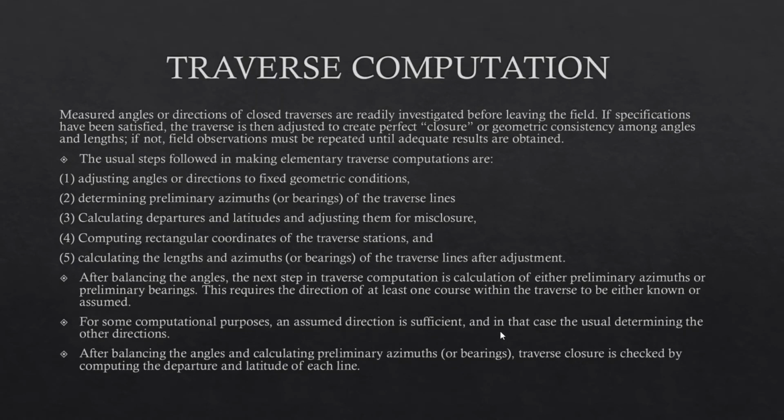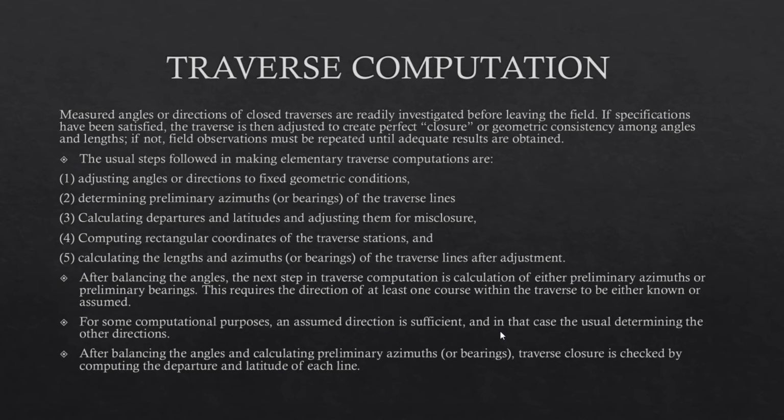Okay, so next is traverse computation. Measured angles or direction of closed traverse are readily investigated before leaving the field. Okay. So the specifications have been satisfied. The traverse is then adjusted to create the perfect closure or geometric consistency among angles and lengths.